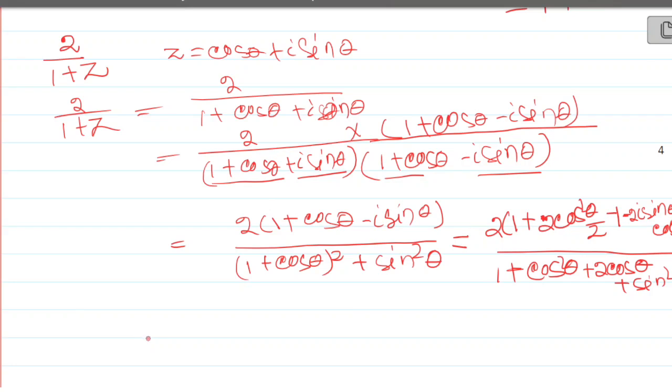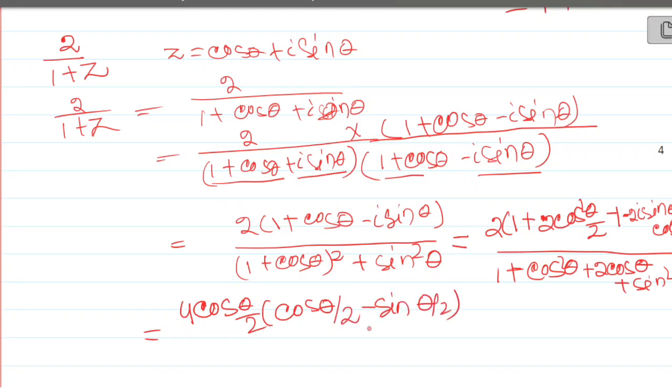Now next, 1 cancels. 2 you can take common, so it is 4 cos theta by 2 times (cos theta by 2 minus I sin theta by 2) divided by cos square theta plus sin square theta, which is 1, plus 1. So 2 plus 2 cos theta.